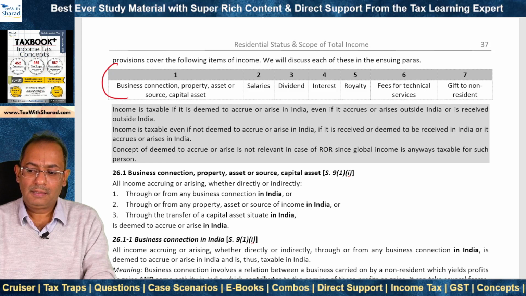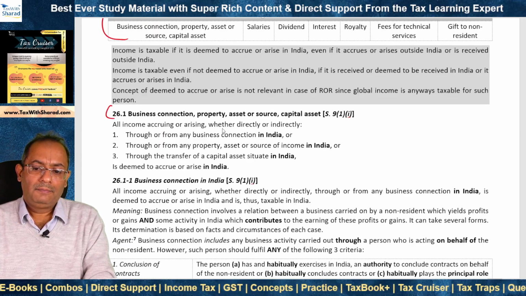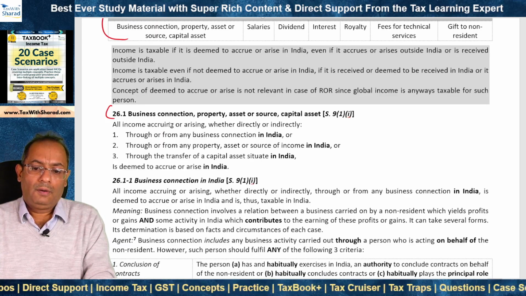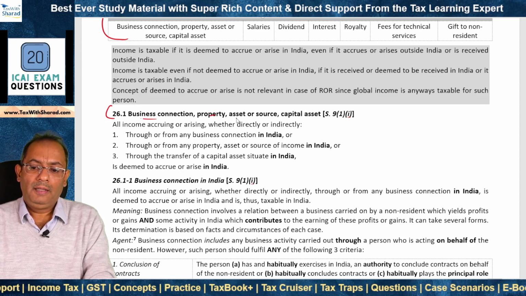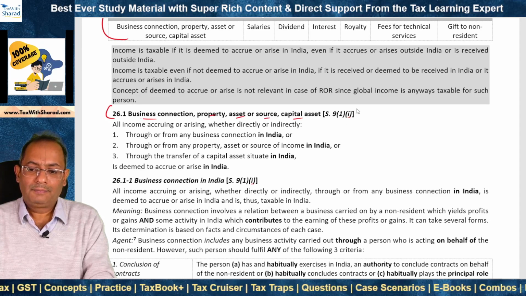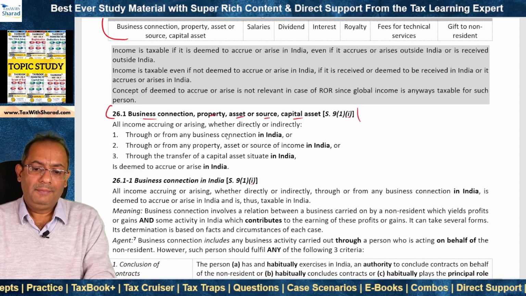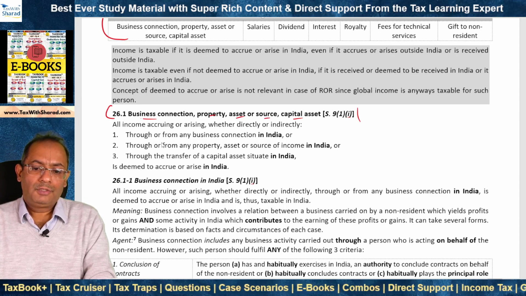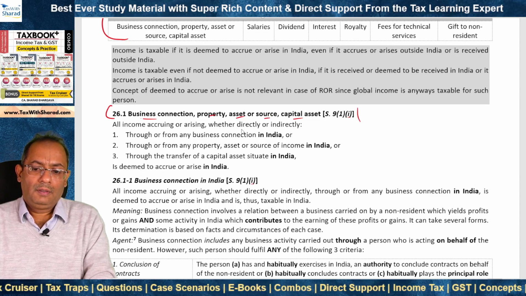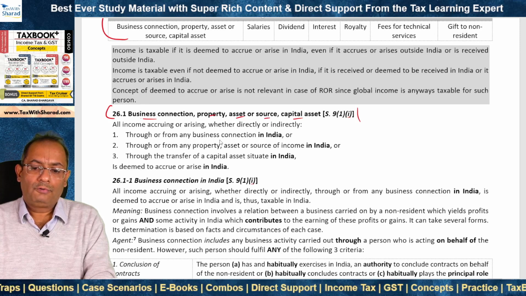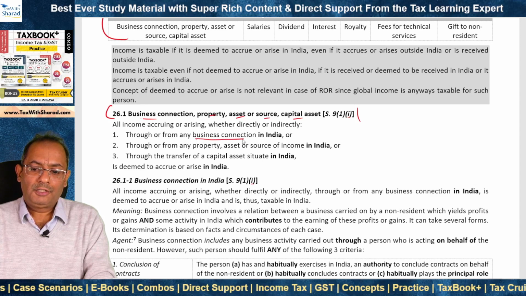The first item is income arising on account of business connection, property, asset, or source or a capital asset. Section 9(1)(i). So all incomes which arise directly or indirectly through or from any business connection in India.